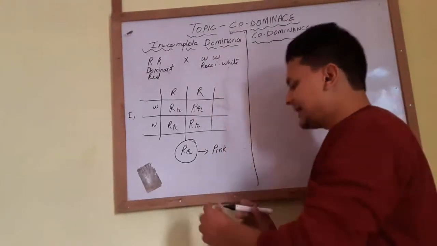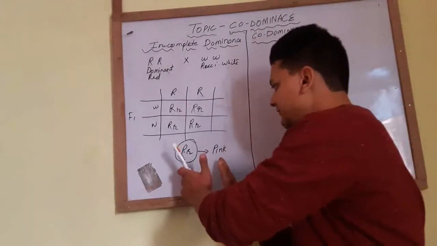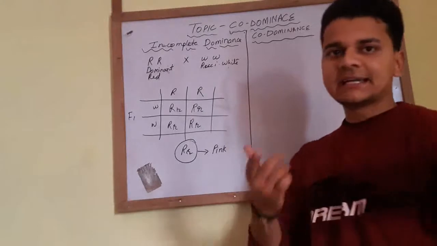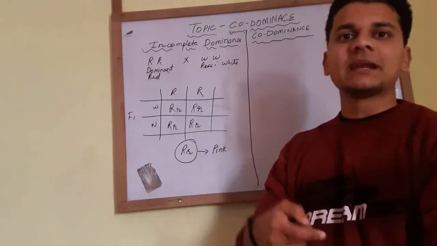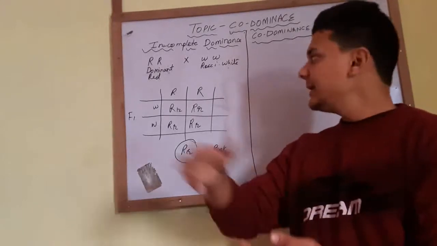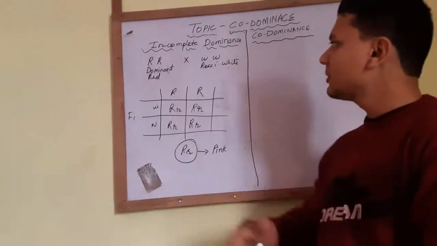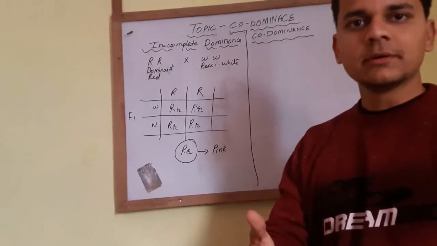Say in this case, there is the character that is seen in the F1 generation offspring. The character that the offspring has shown is a little blend type character, right? Mixed type character means both the traits. Say the trait that we are talking about is the color. So both the traits are being mixed, right?